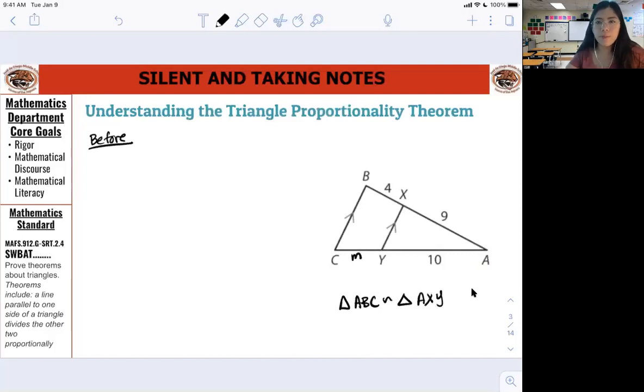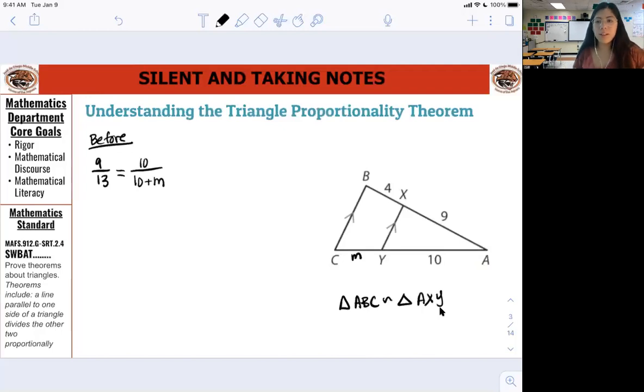So who can give me one proportion that I could set up? Nine over 13 is equal to... Can we use the other side? Oh, okay. So it would be 10 over 10 plus m.